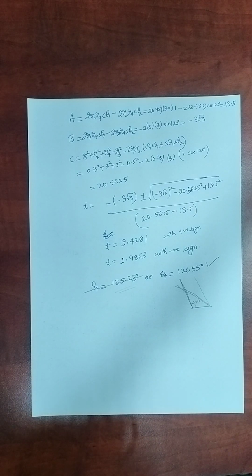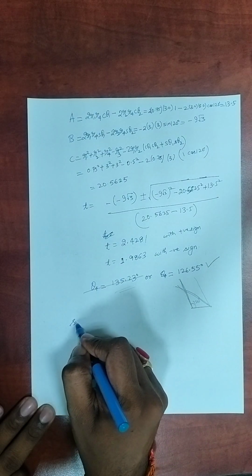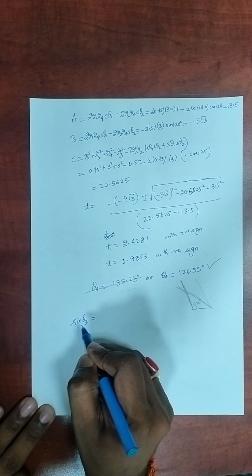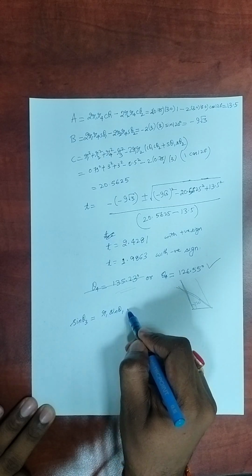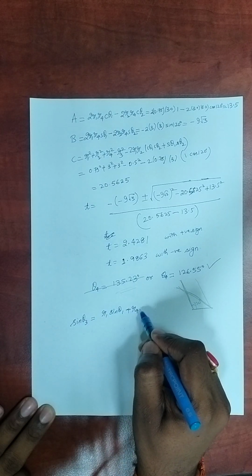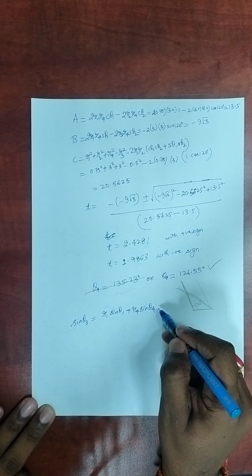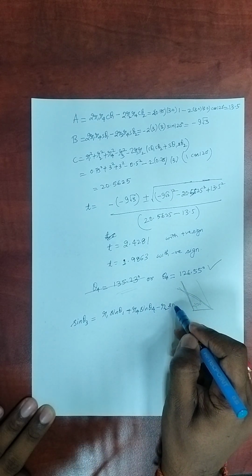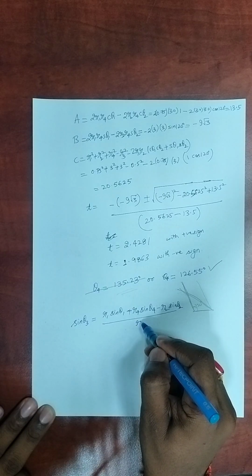After this, I have the expression for sine theta 3, which is r1 sine theta 1 plus r4 sine theta 4 minus r2 sine theta 2, divided by r3.